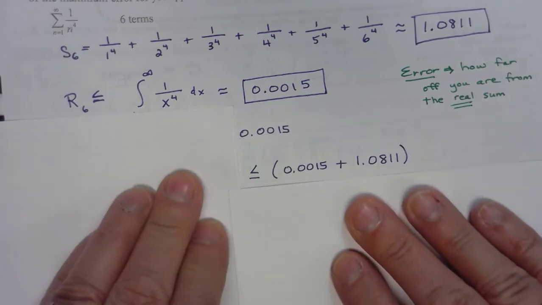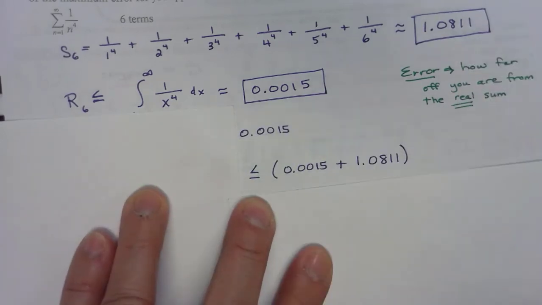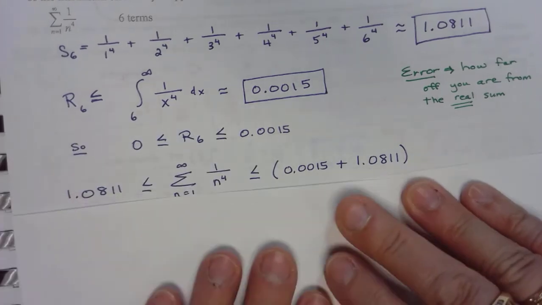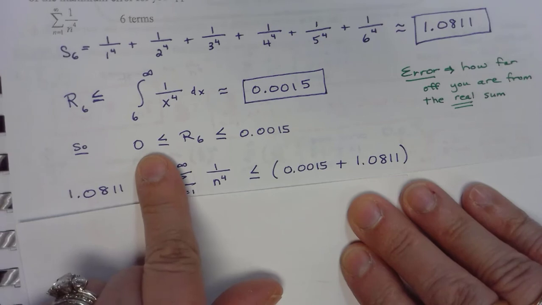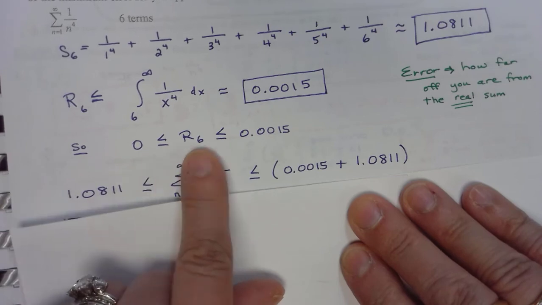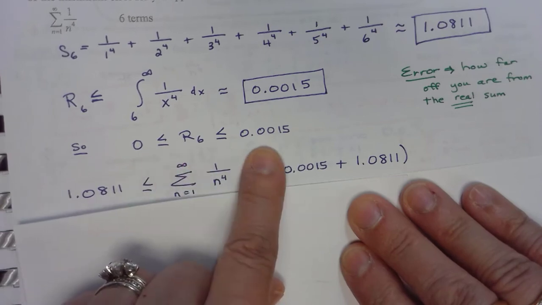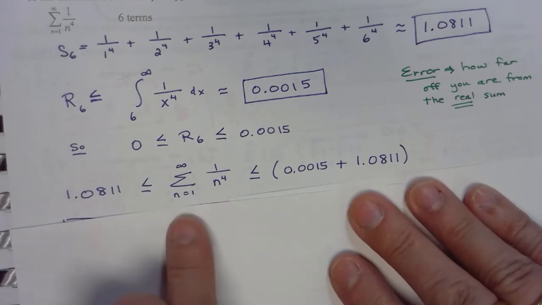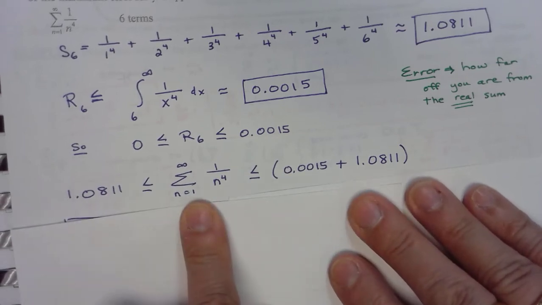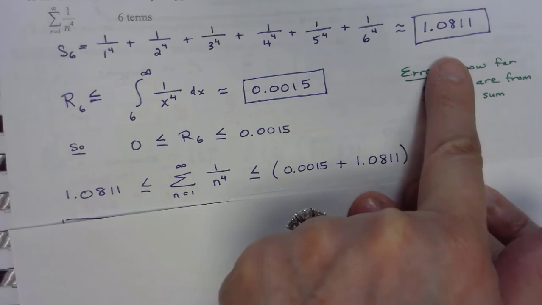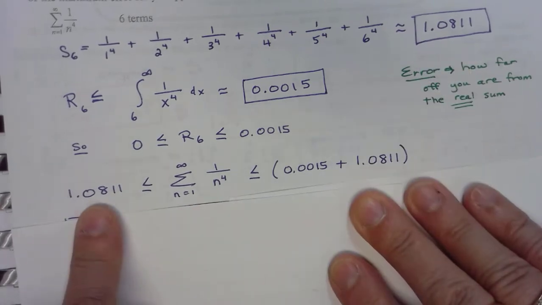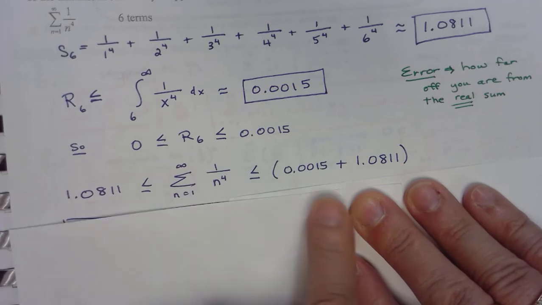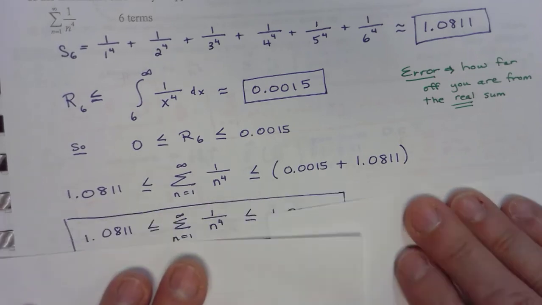Now, what does that tell me? Our total sum of the series. So we know our remainder, which has to be greater than or equal to 0, so not negative, after 6 terms is this. We therefore know that after 6 terms it's 1.0811, so with all of the terms it's certainly larger than that, but it's got to be less than or equal to this sum.